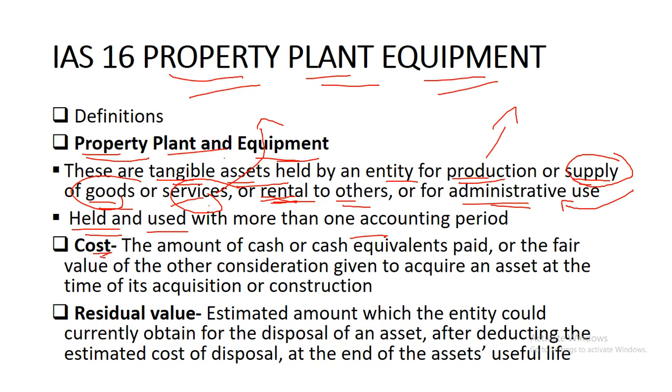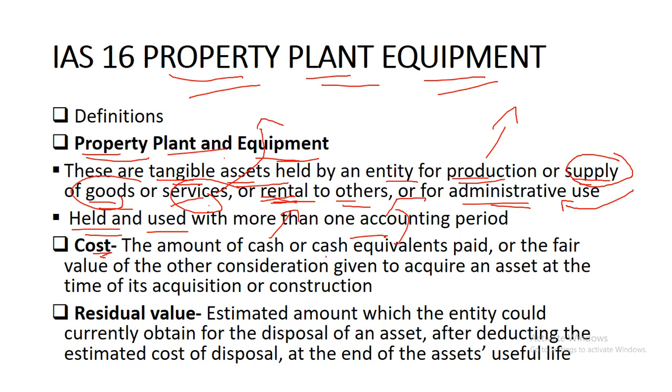Then what is the cost? The cost is the amount of cash or cash equivalents paid, or the fair value of the other consideration given to acquire an asset at the time of acquisition or construction. So the amount of cash that we pay is the cost of the asset. Or the amount of cash equivalents, maybe we pay in the form of shares, or maybe we pay in the form of a debt instrument, where we issue a debt.